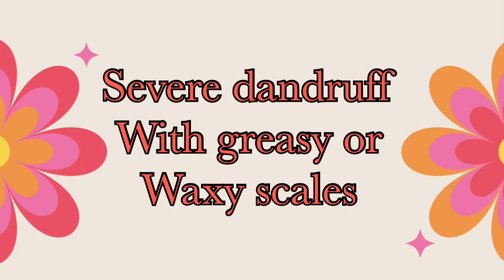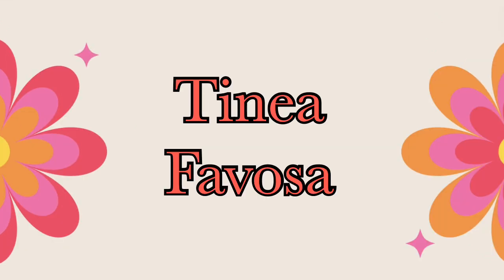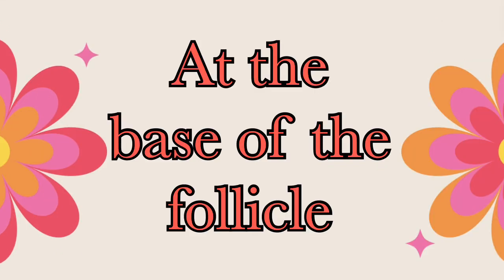Severe dandruff with greasy or waxy scales. What is characterized by yellow crusts that have an odor? Tinea favosa. Where can the hair bulb be found? At the base of the follicle.